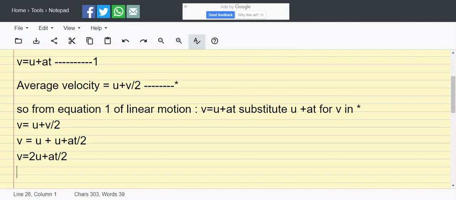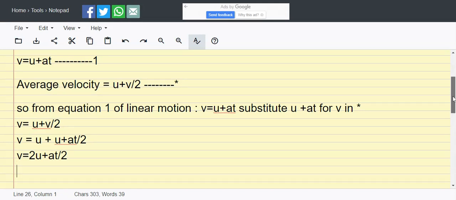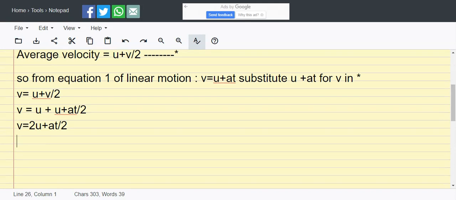So our average velocity equals u plus one over 2 at, when we divide through by 2.